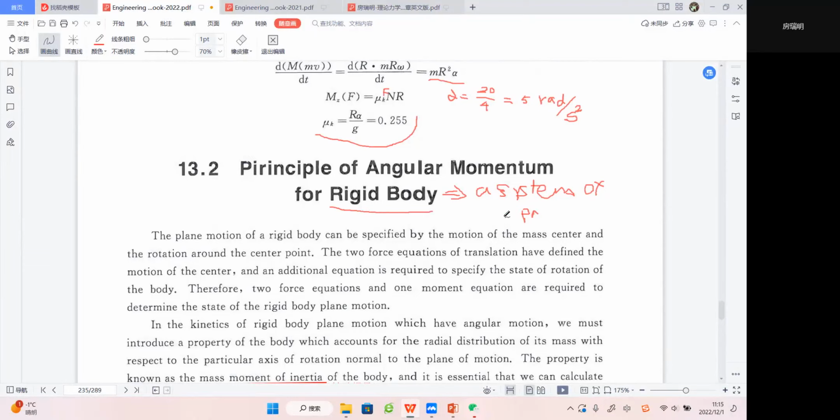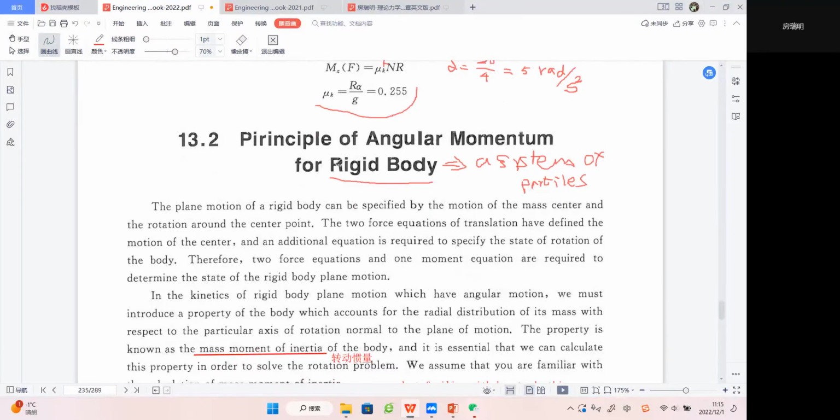So every two particles on the body will never change their distance.